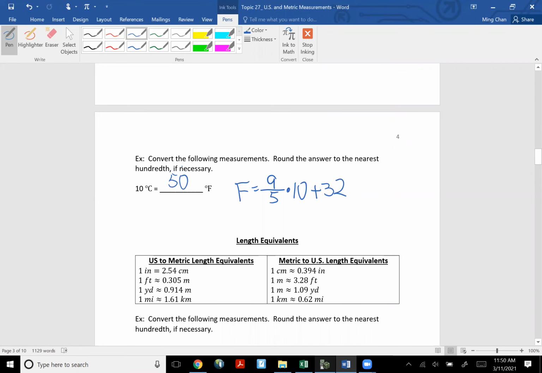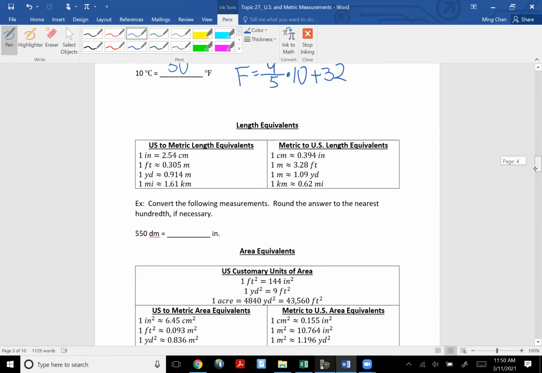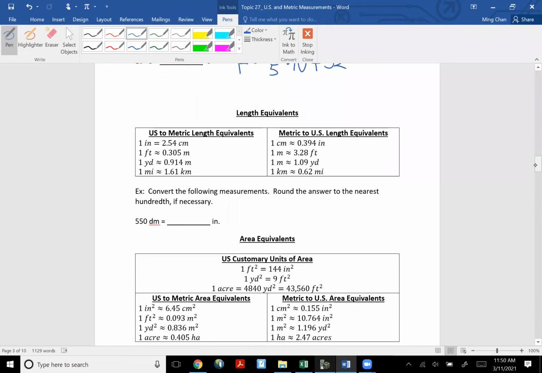Length equivalence. So this is conversion between US and metric, metric to US length. If you ever ran track before, at the high school, one big circle on the track is 400 meters.